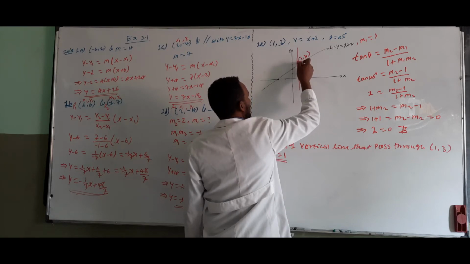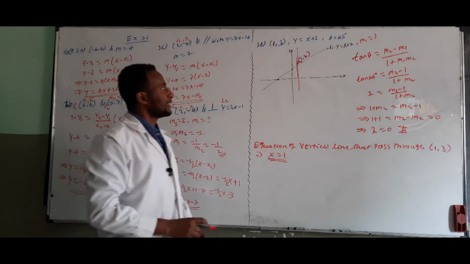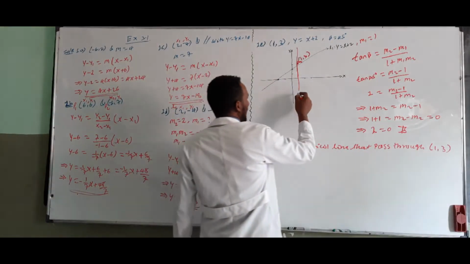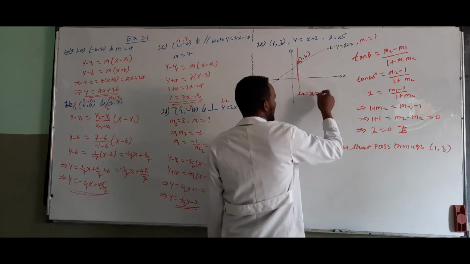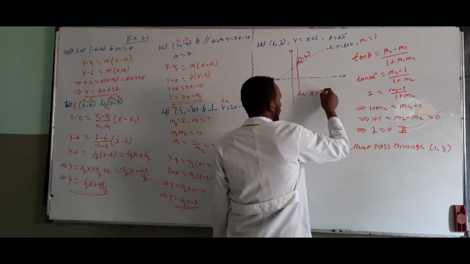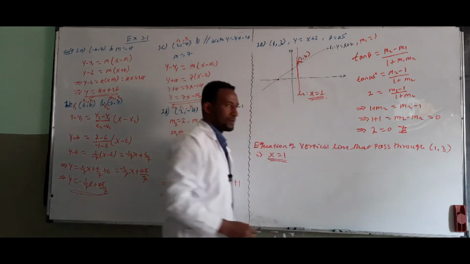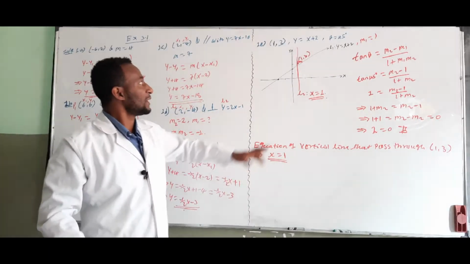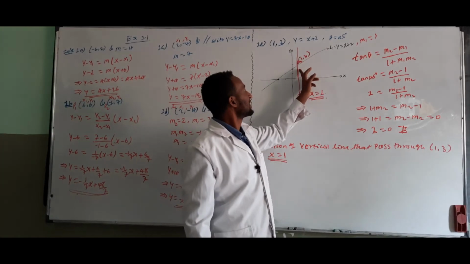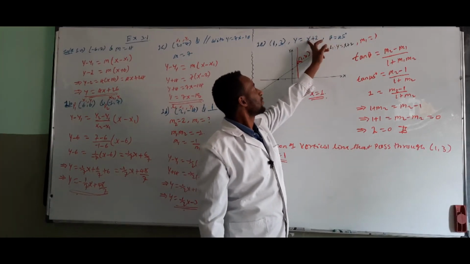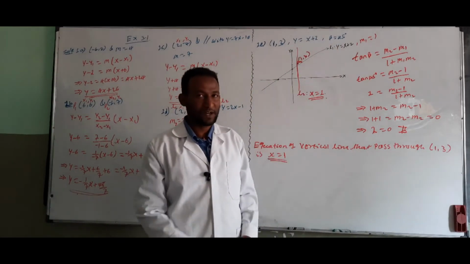When we measure the angle between L1 and L2, L2 is described as x is equal to 1. This is the equation of the line that passes through (1, 3), and the angle between this line and y is equal to x plus 2 is 45 degrees.